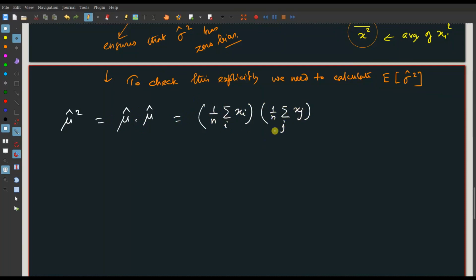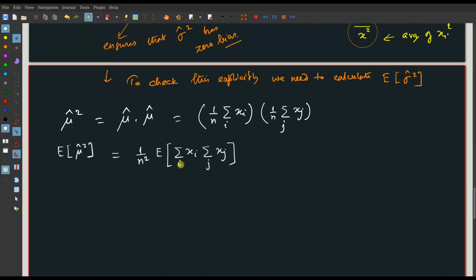Now if I am considering the expectation value of mu hat square, then that gives me 1 over n square times the expectation value of the summation over i of xi times the summation over j of xj.